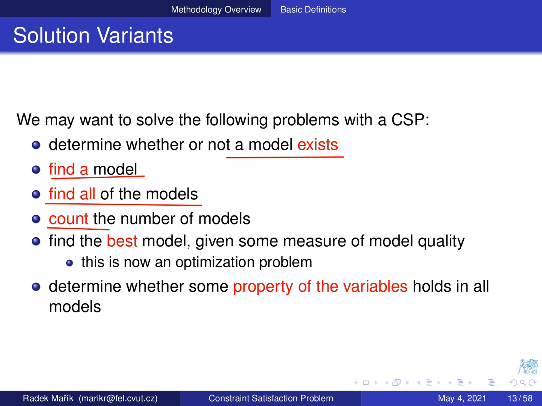In some cases, there are additional constraints that don't need to be satisfied, and they only express the model quality. And in that way, we search for the so-called best model. And we deal in such a case with an optimization problem.